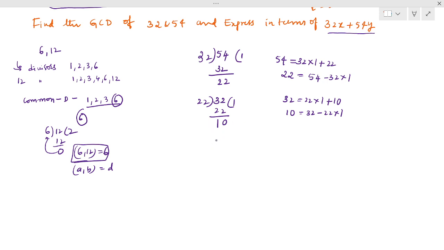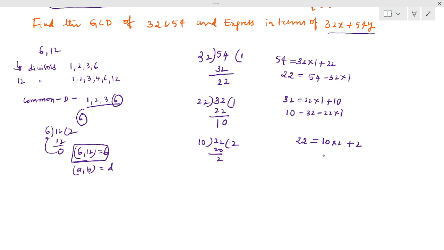Finally, 22 is divided by 10. 10 twos are 20, the remainder is 2. So 22 can be written as 10 into 2 plus the remainder 2.